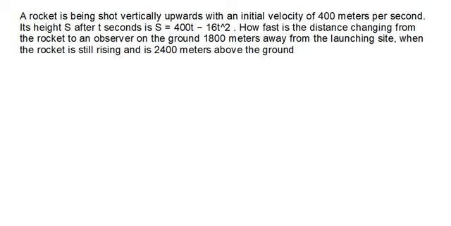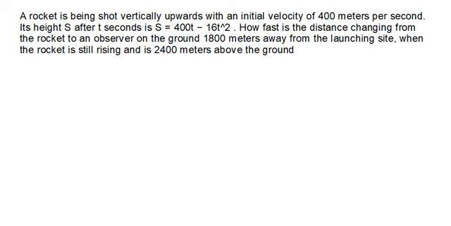So how fast is the distance changing from the rocket to an observer on the ground 1800 meters away from the launching site when the rocket is still rising and is 2400 meters above the ground.